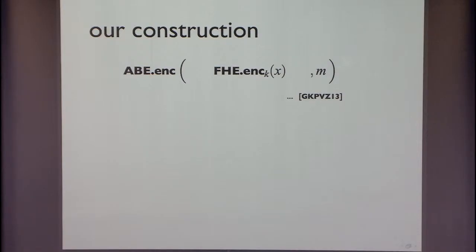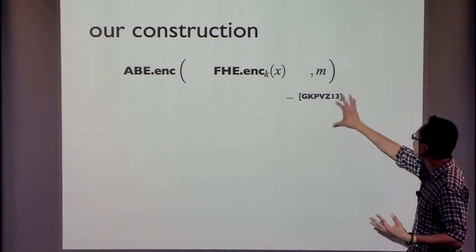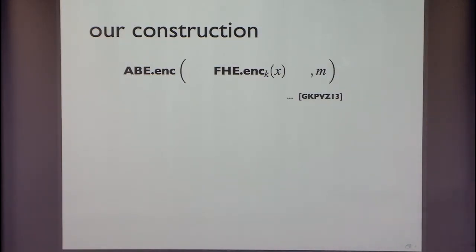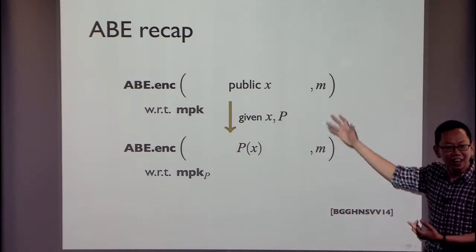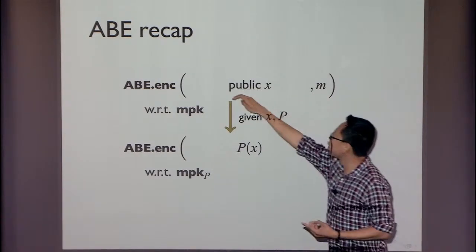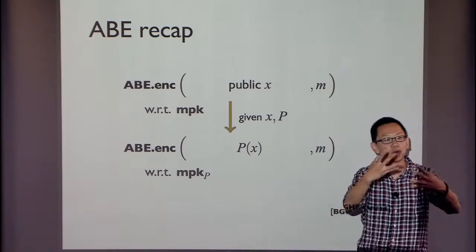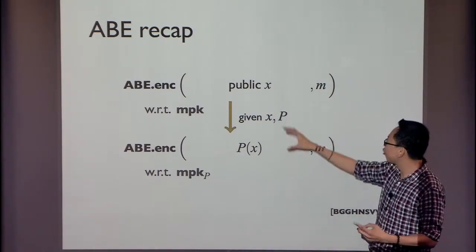The starting point of our construction starts off with this idea of Gorbunov et al. Sorry, can you go back? Yes, of course. So you're computing already the policy on X? Yes, during decryption. The encryption is the actual ciphertext. The decryption works in these three steps.